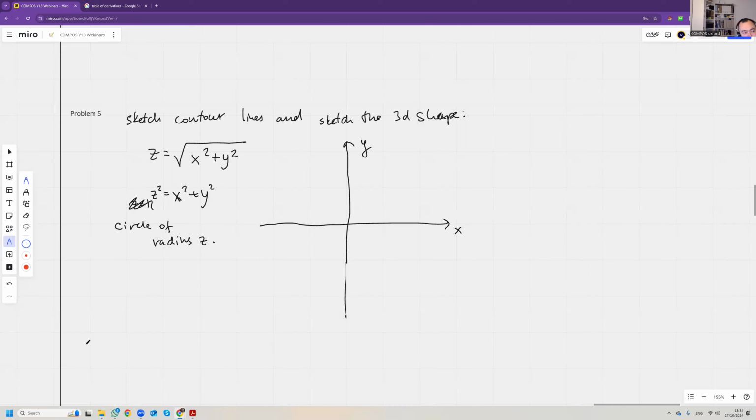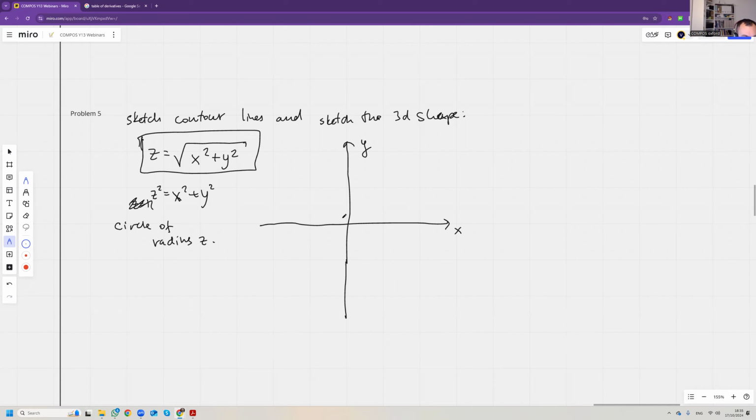So this is a function of two variables, and in 3D, that would be a surface. So z is equal to the square root of x squared plus y squared. That's x squared plus y squared equals z squared, a circle of radius z.